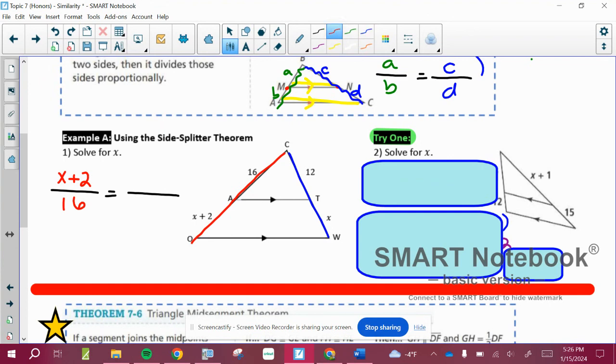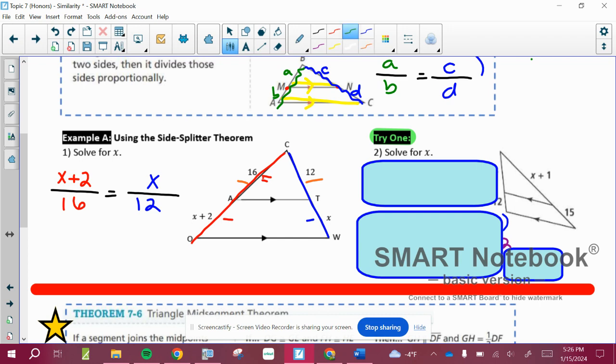So I kind of went bottom to top. So I'm going to start with the bottom piece over the top piece. Now you could also reverse these fractions. You could do 16 over x plus 2, 12 over x. Doesn't matter what order. Just make sure you're consistent when you make your second fraction.